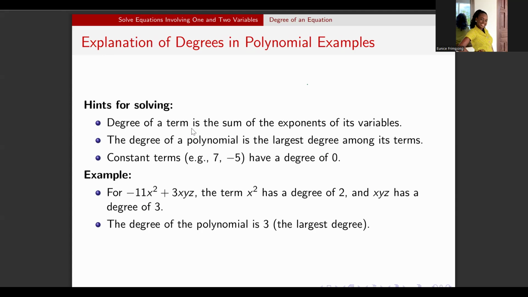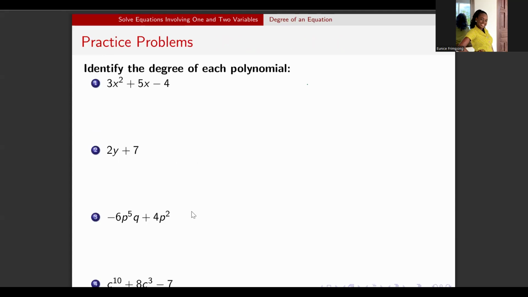But to know the degree of a polynomial, you choose the largest degree amongst its terms. For constant terms, they have a degree of 0. So here is more example for you to practice. Identify the degree of each polynomial.